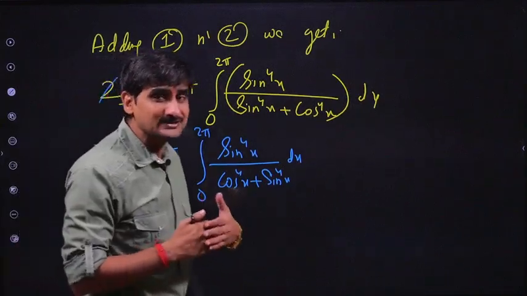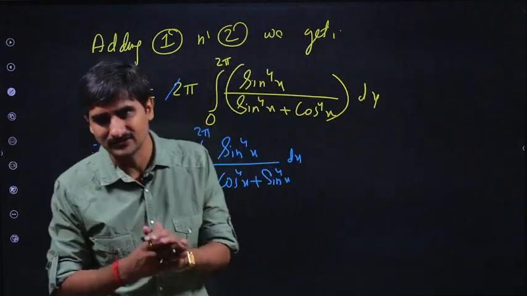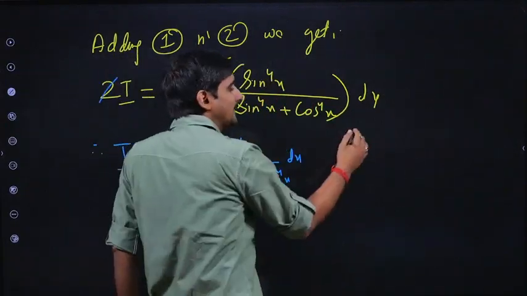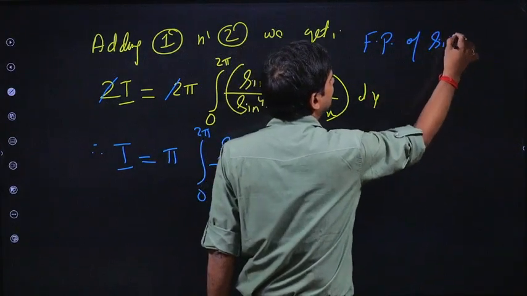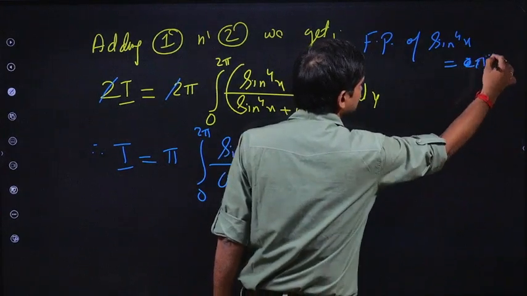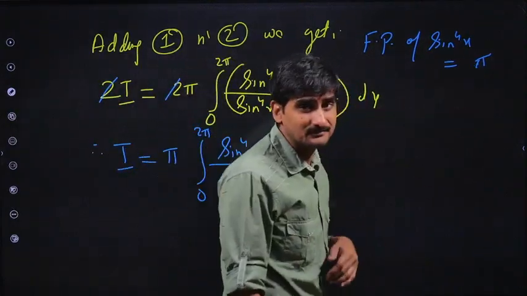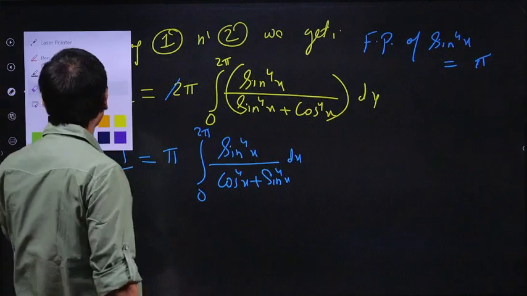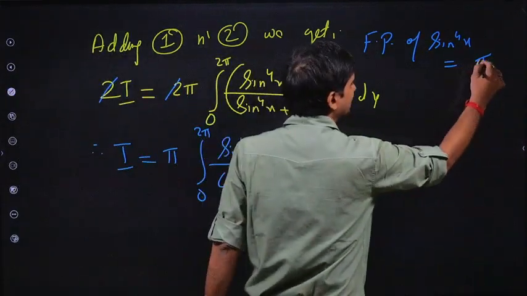Now I will prefer to use the periodic function property, which says that the fundamental period of sine raised to the power 4x, how much is it? It is pi, I am sorry, because the fundamental period of sine is 2 pi, and if you raise sine or cos to an even power, the fundamental period gets halved, so it's pi.